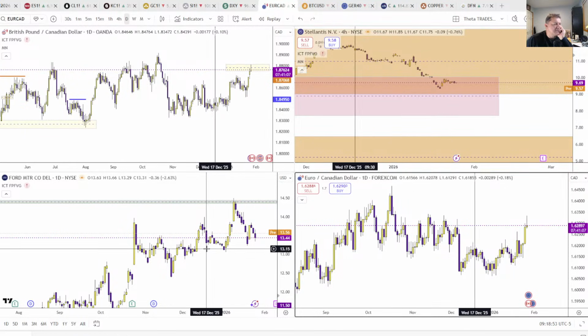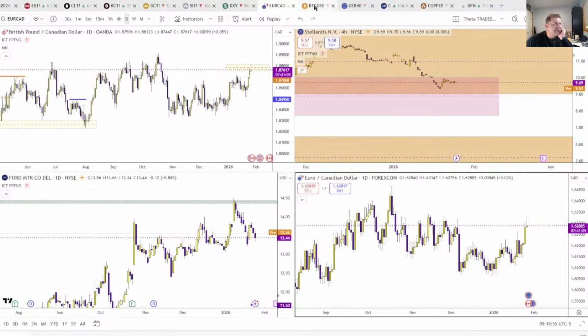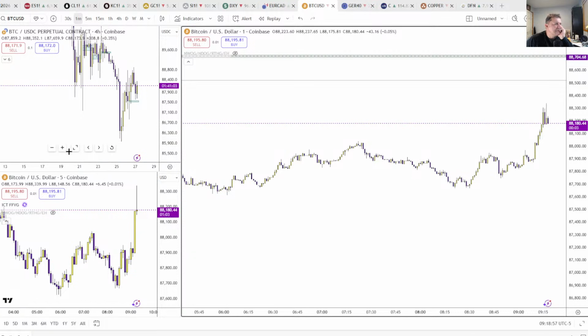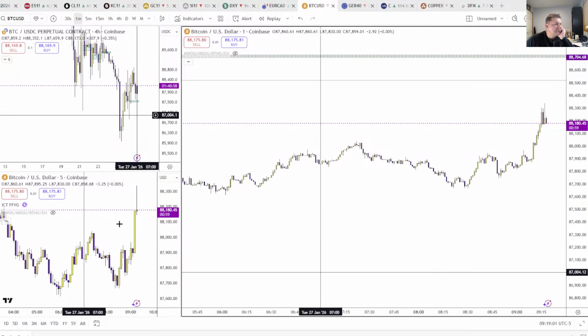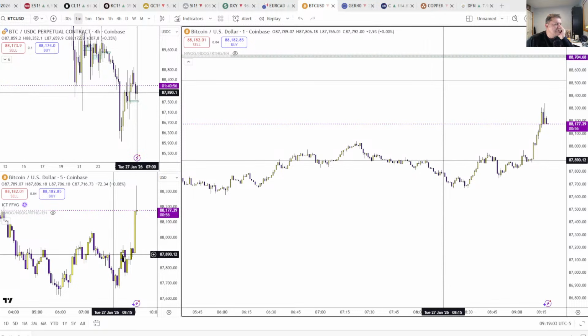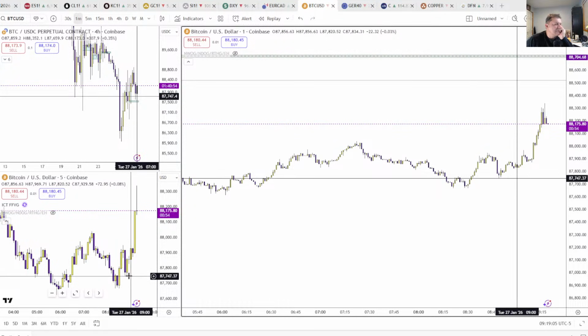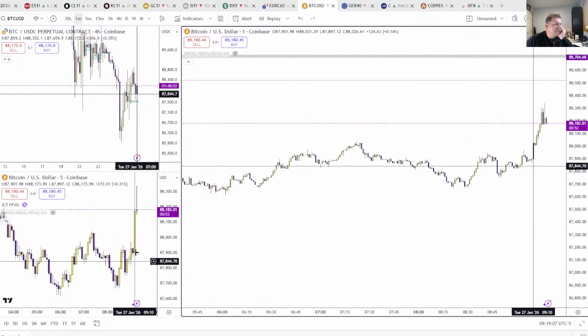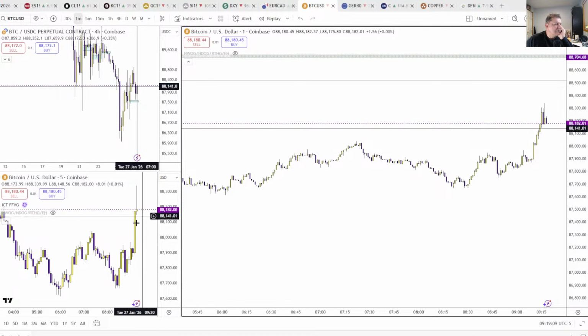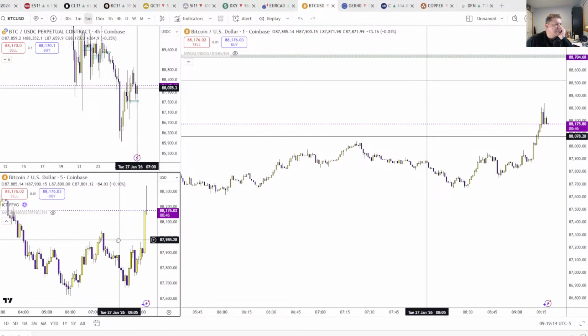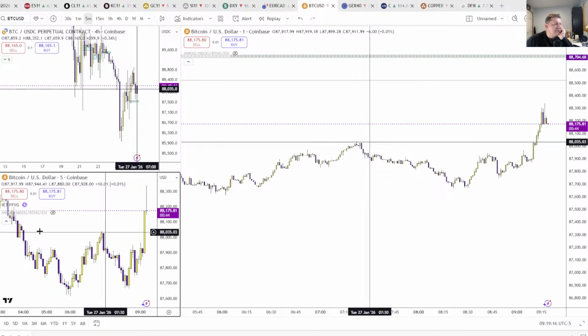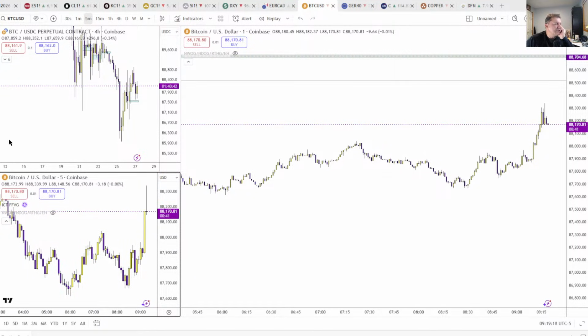I want to see market structure shift in there. So this one becomes the important one for me.